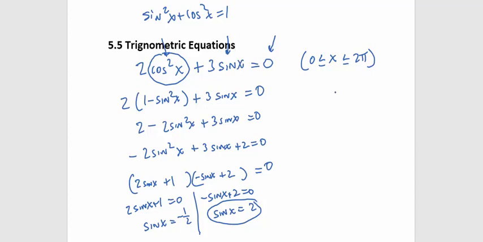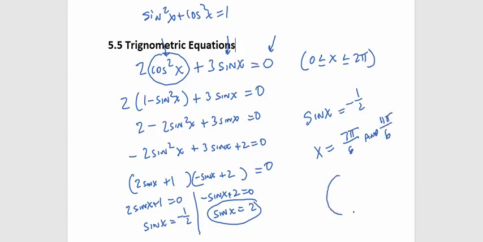So really our answers are just going to happen when sine of x is equal to negative 1/2. And if we think about our unit circle there, that's going to happen at 7 pi over 6 and 11 pi over 6.